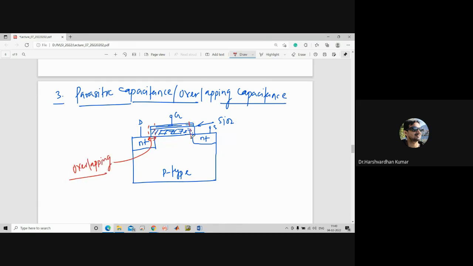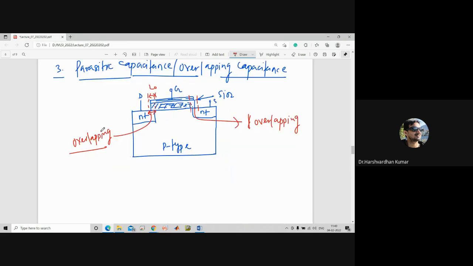Here also you can observe this part is overlapping. Let us say the length of this overlapping is L0.